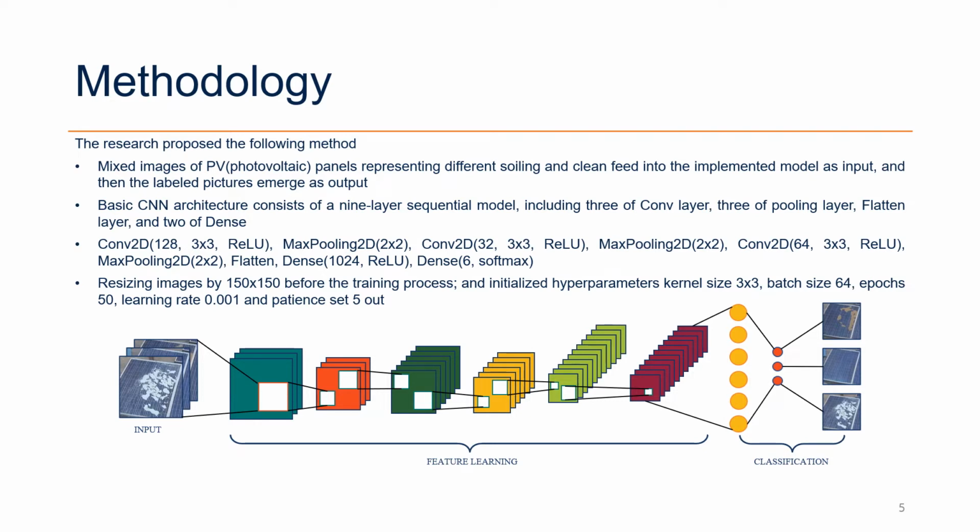Then label fixtures emerge as an output on the right side. This picture illustrates the proposed CNN architecture, which consists of a 9-layer sequential model, including 3 convolution layers, 3 pooling layers, a flattened layer, and 2 dense layers.